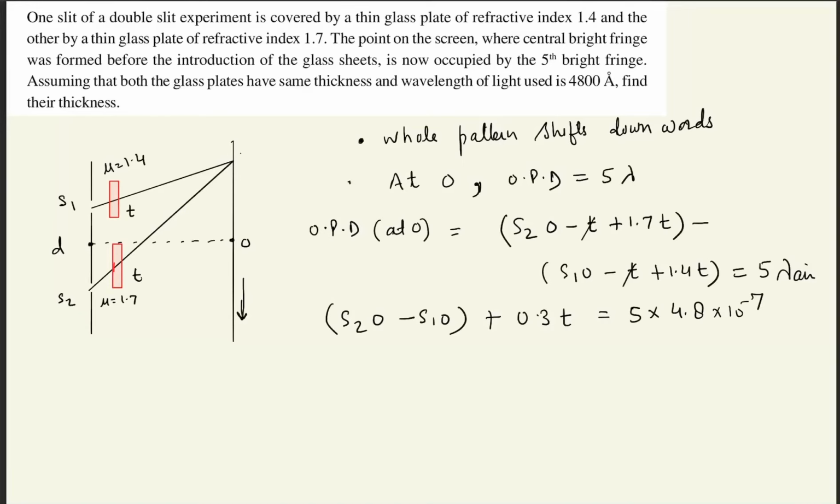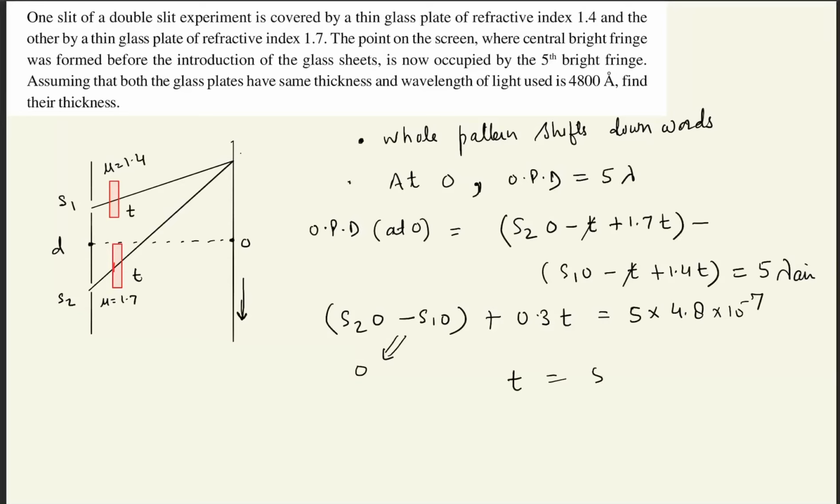So this is 4.8 into 10 to the power minus 7 meter. As you can see, S2O minus S1O is 0. This is by geometry, we can say that S1O and S2O both are equal. So S2O minus S1O is 0.